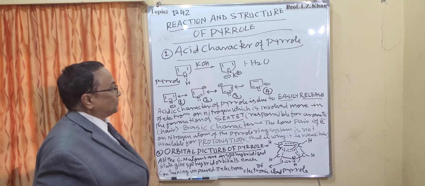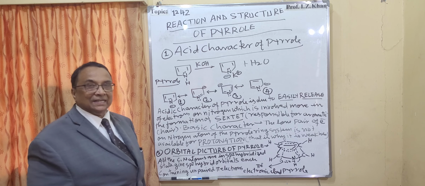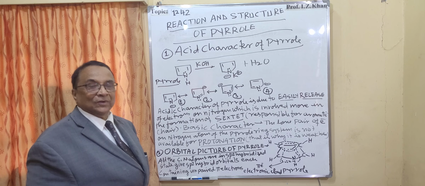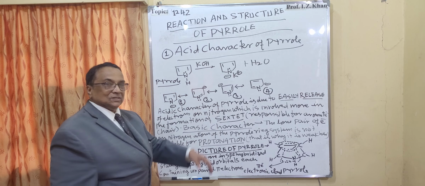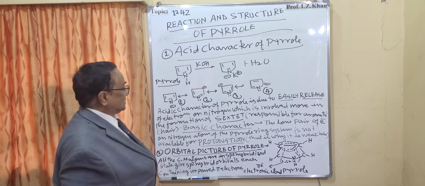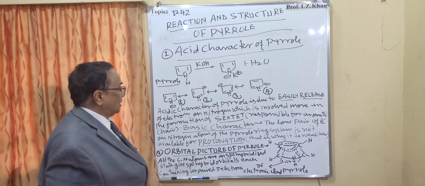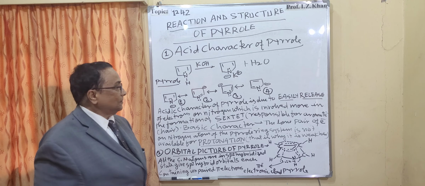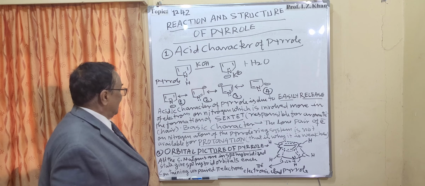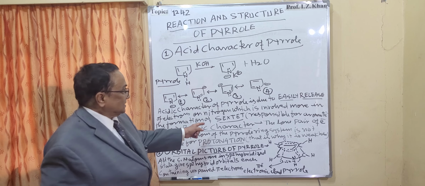The acid character of pyrrole is due to the easy release of the electron on the nitrogen atom, which is involved in the formation of the sextet.